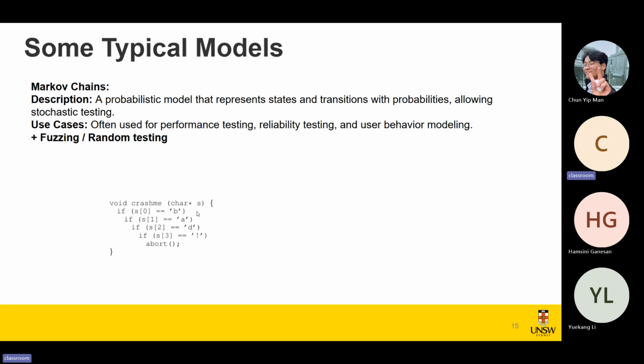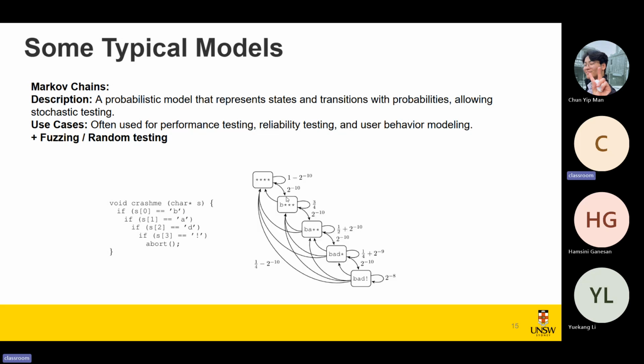So for example, here we have this program called crash me, and it has 4 nested ifs. Each one of the if conditions will check the value of 1 byte of the string here. And if that byte matches a specific character, it will move on to the next level of the if condition.